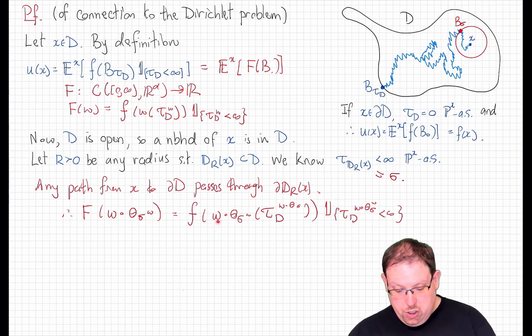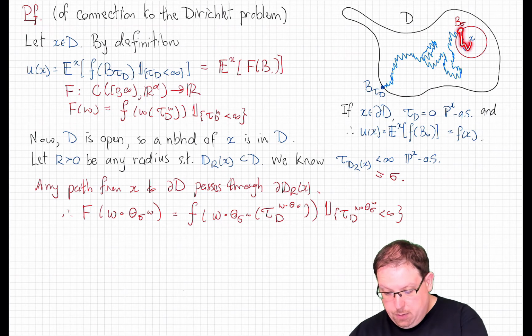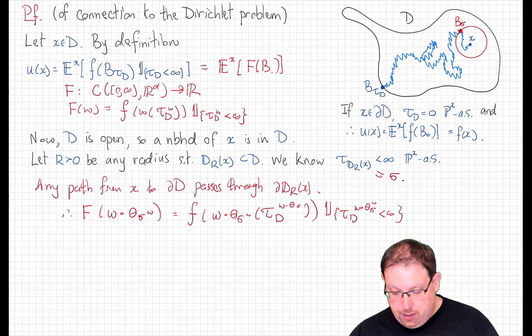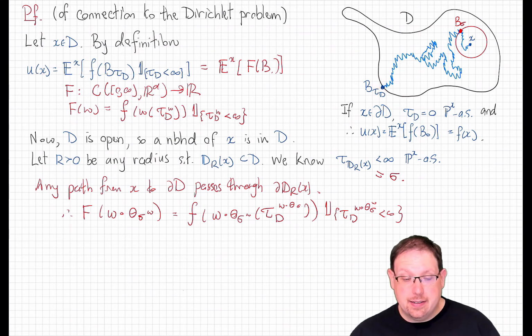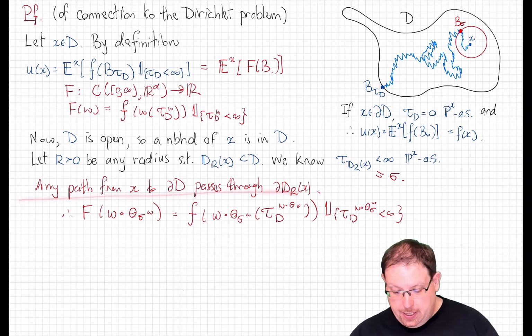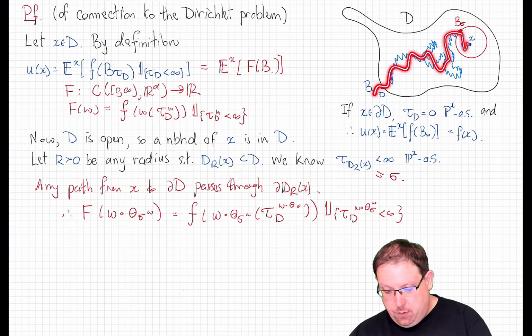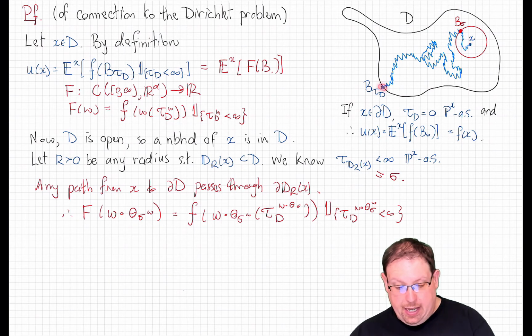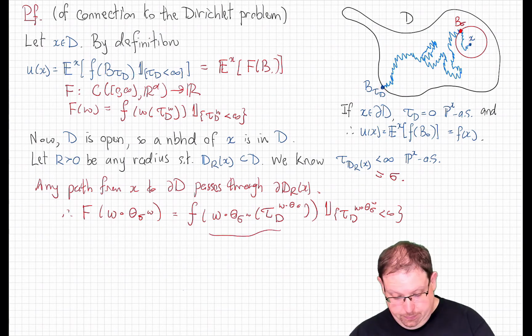Well, shifting the path forward in time over to here means that the length of time it takes to get to the exit point over here is shrunk by this amount. But it doesn't change the point of exit. That's what this observation tells us. In order to get over here, I passed through a point over here, and so forgetting this part of the path doesn't change the exit point in so doing.